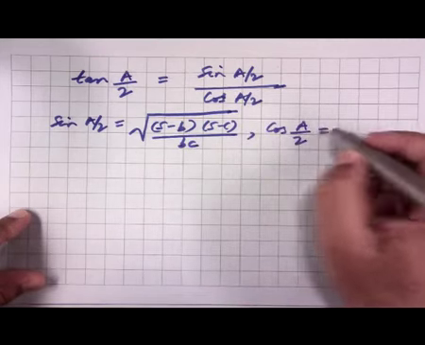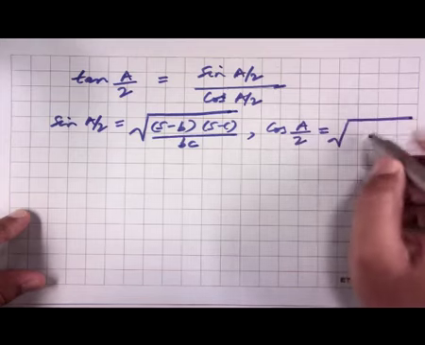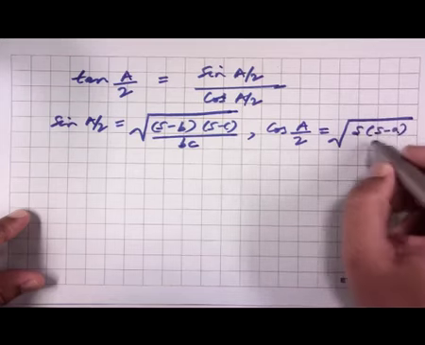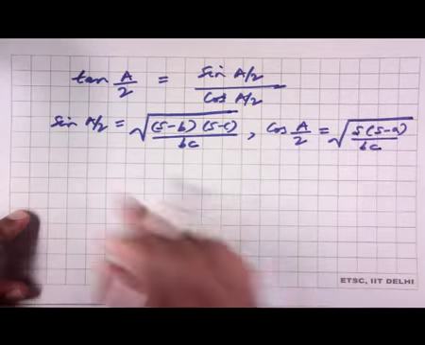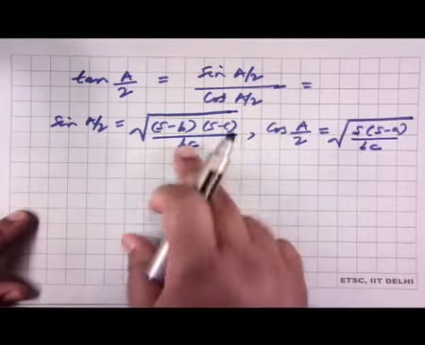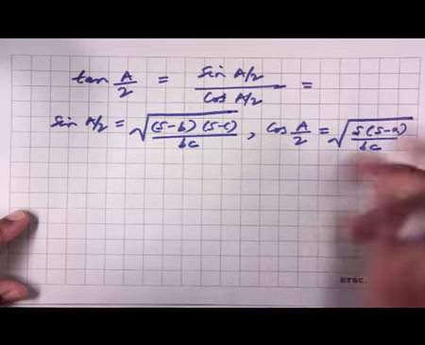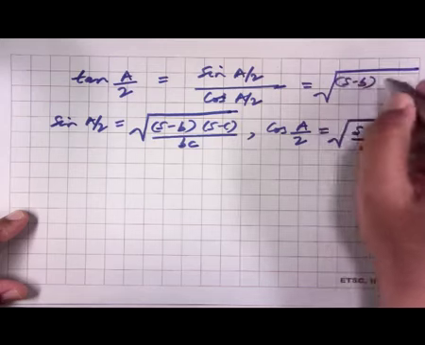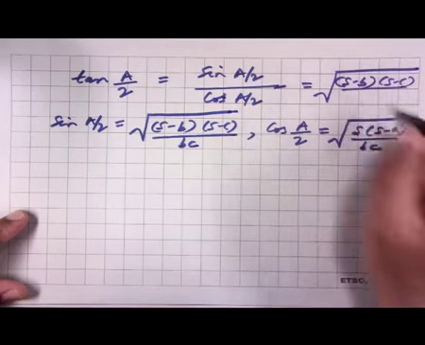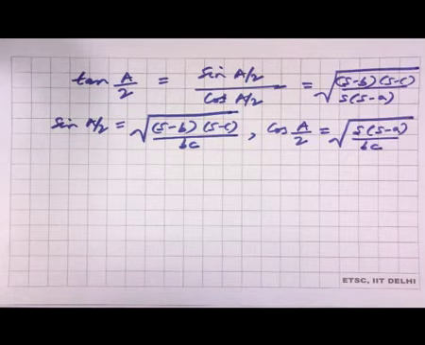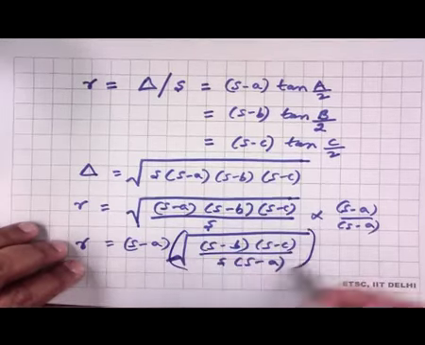Cos a by 2 is square root of s into s minus a upon bc, and when we take the ratio, we see that tan a by 2 is equal to this divided by this, which is square root of s minus b into s minus c upon s into s minus a. And this expression is indeed same as this expression here.